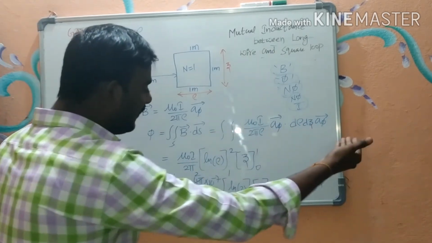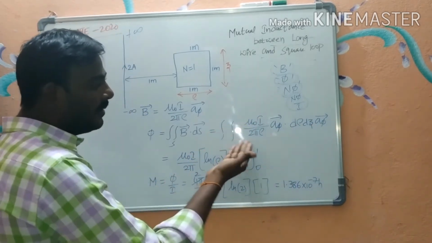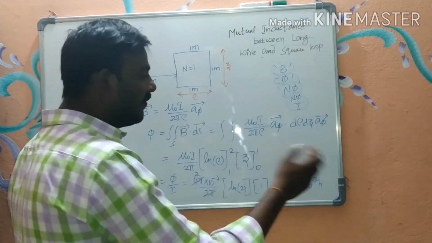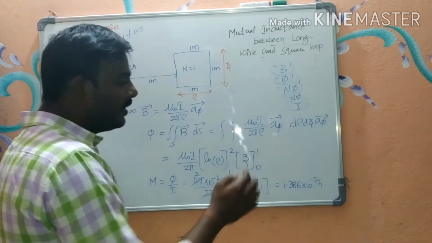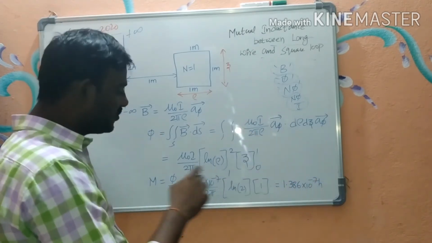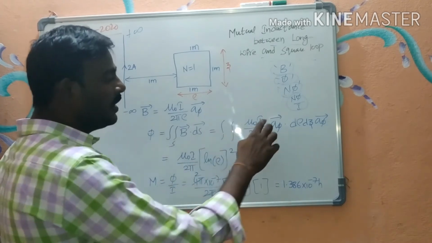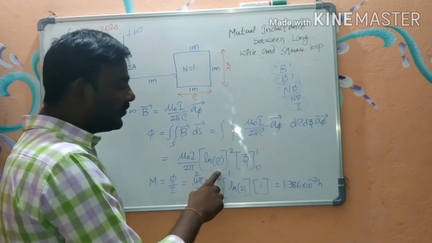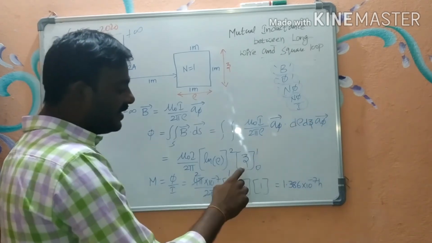By simplifying, mu naught I by 2 pi comes out of the integration as a constant, because the variables are rho and Z. The integral of 1 by rho d rho is ln of rho, and the integral of dz is z.